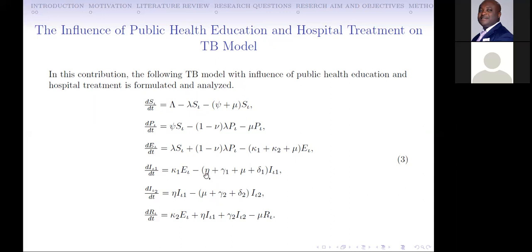In the fourth equation, tau represents the rate at which those staying at home progress to the hospital. Gamma 1 represents the rate at which infected individuals staying at home recover. Mu represents the natural death rate, and delta 1 represents the rate at which individuals staying at home die due to TB.